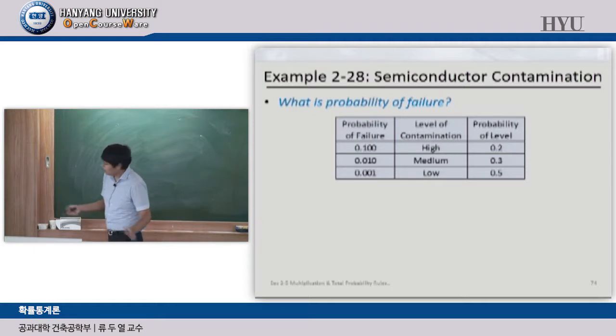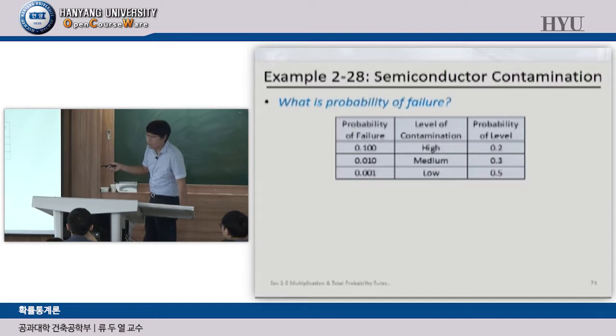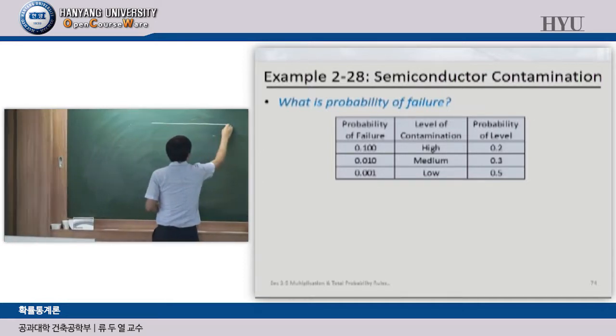And we have the probability of failure for the left column here. And we have also the level of contamination, and the probability of each level of contamination. So first we can think about the level of contamination here.